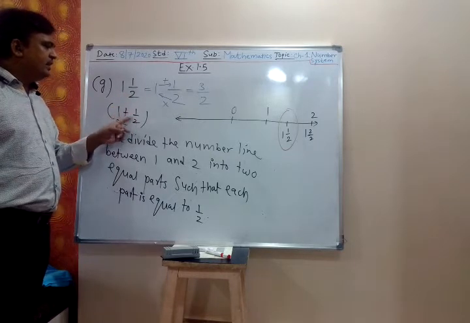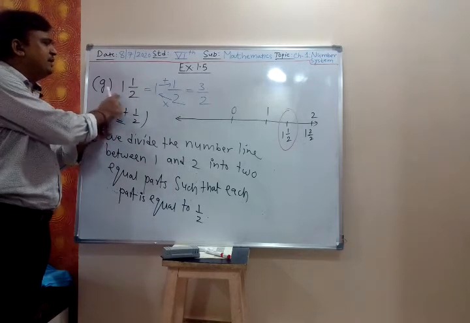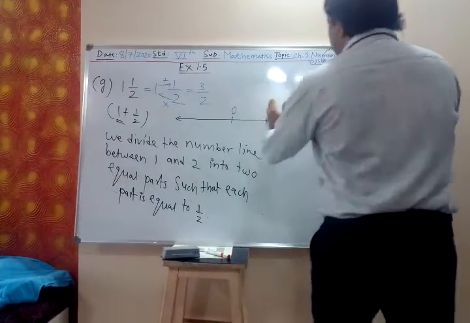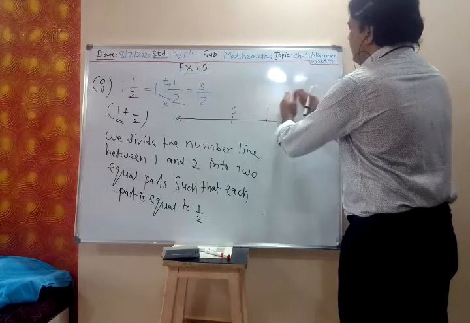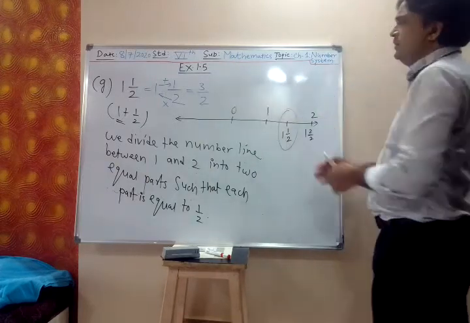That means you have to divide the number line between 1 and 2, because this number is greater than 1. So I will divide the number line between 1 and 2, not between 0 and 1.